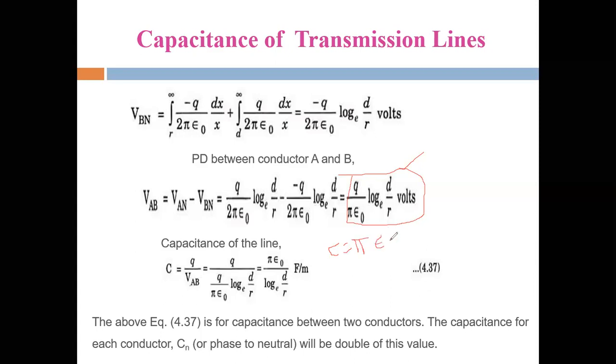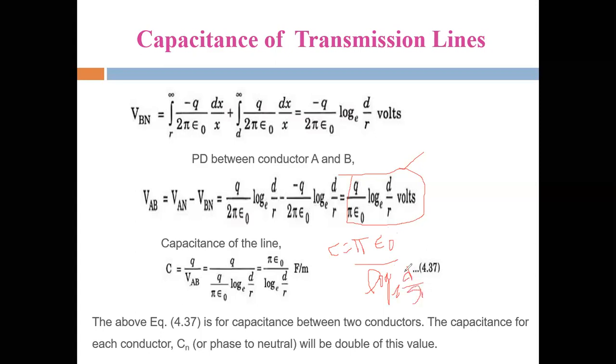Epsilon naught is a constant value. Epsilon r is the relative permittivity, and it depends upon the material used.